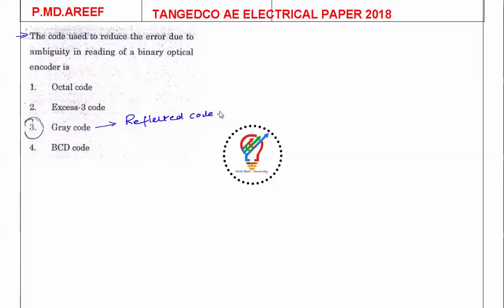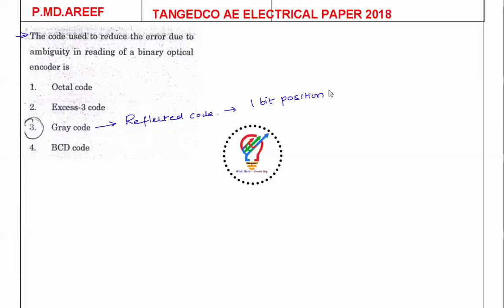So why it is called gray code: it is a binary representation of a decimal digit which has a change in only 1 bit position. So what is the use of this change in 1 bit position?